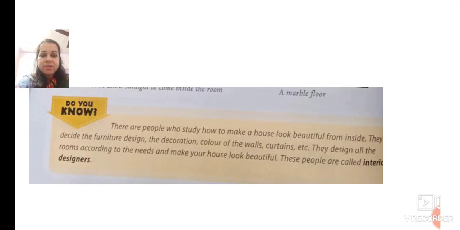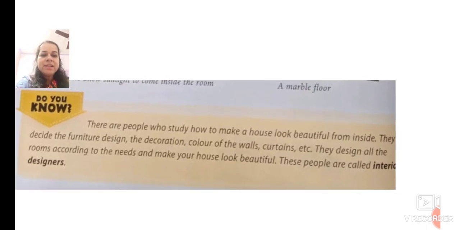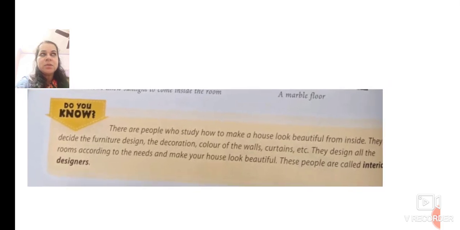Who are these people called? These people are called interior designers who design our house. They decide what furniture, what curtains, what painting we need, what all things we need in the kitchen, what electricity buttons, switches, plugs, what kind of bulbs we require, tube lights, LED lights.